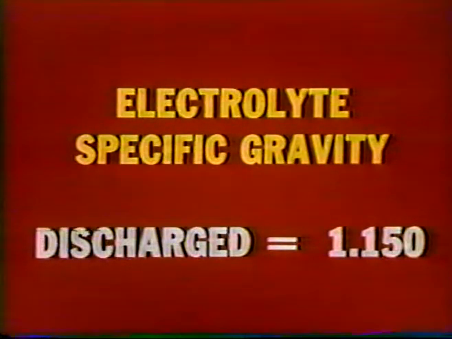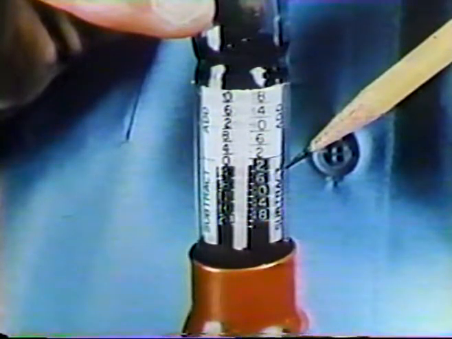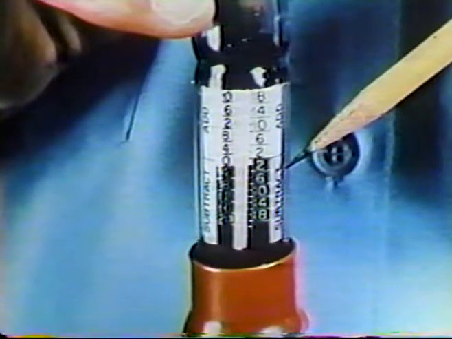Chemically, when a battery is fully discharged, the specific gravity of the electrolyte is about 1.150. Since temperature affects the density of a liquid, a temperature correction must be applied to the specific gravity of the electrolyte. As you see, the density varies 0.004 of a point for every 10 degrees Fahrenheit.